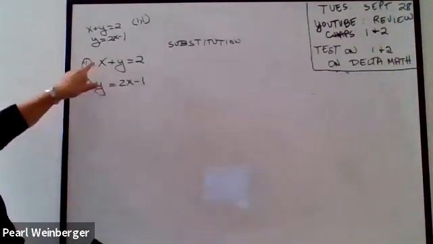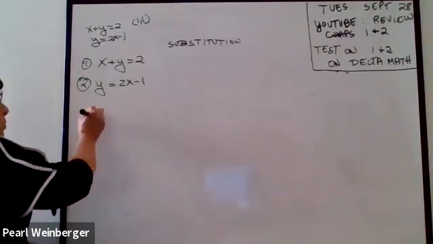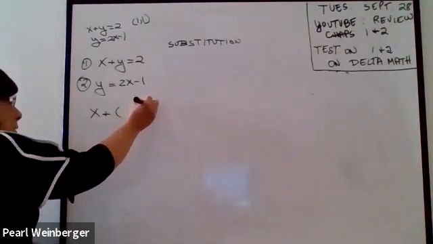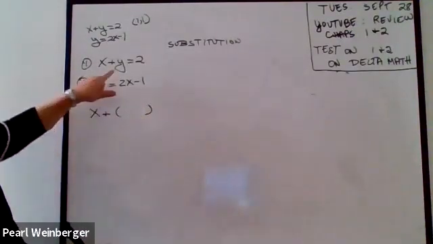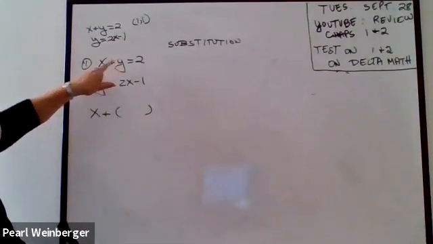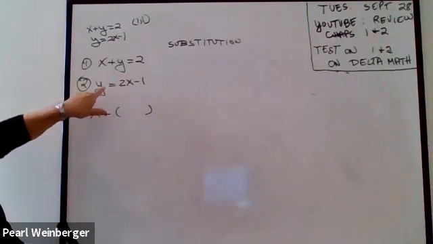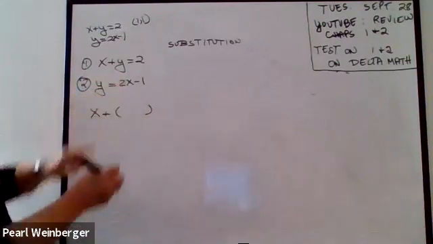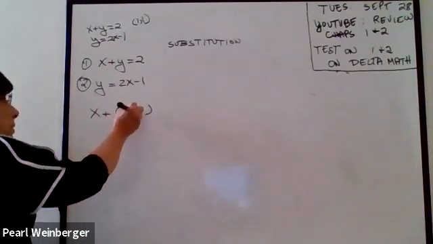So what I'm going to do is take my first equation, and where I have the y, I'm going to replace the y with what it's equal to, the 2x minus 1.